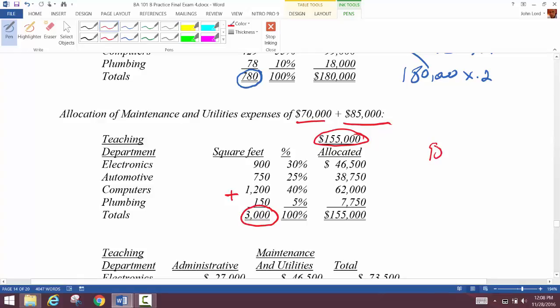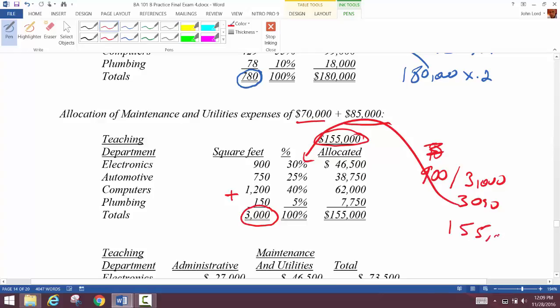Okay, so I now take 900 divided by 3,000. Is that this 30%? Okay, and I multiply 30% times 155,000, and I get 46,500.